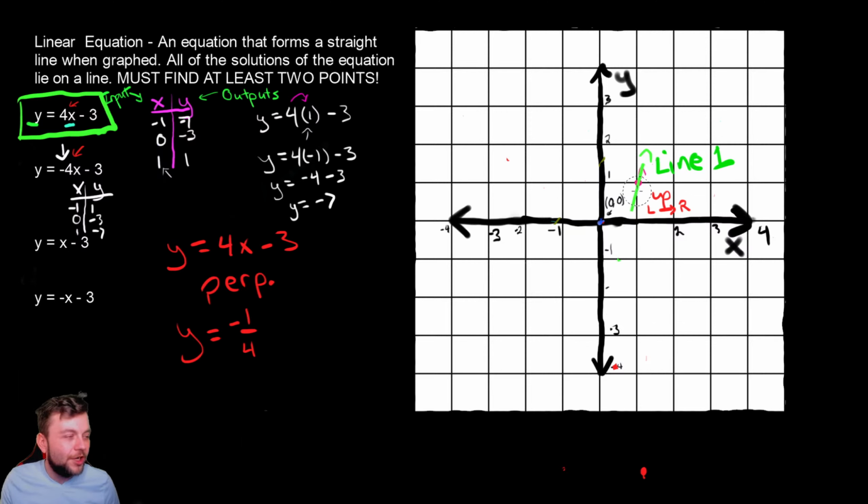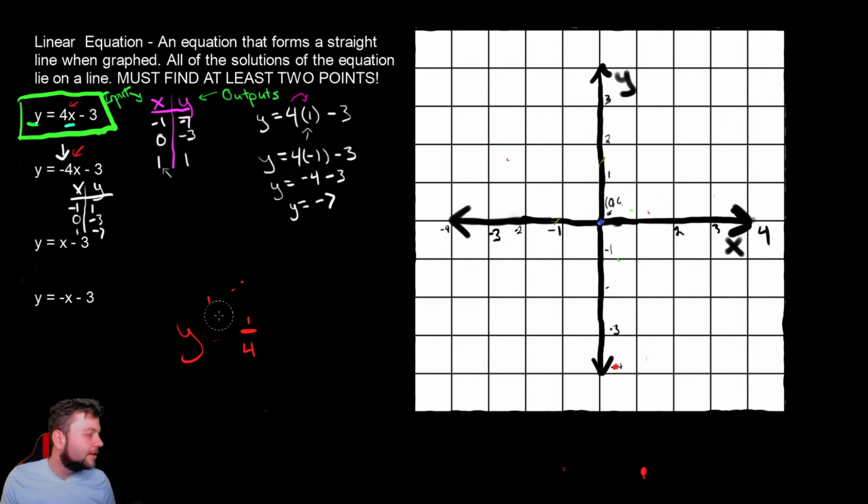Okay, my best job of not totally erasing the entire graph. Okay. So we will move on to our next two examples. And I might have time to go a little bit deeper into slope.